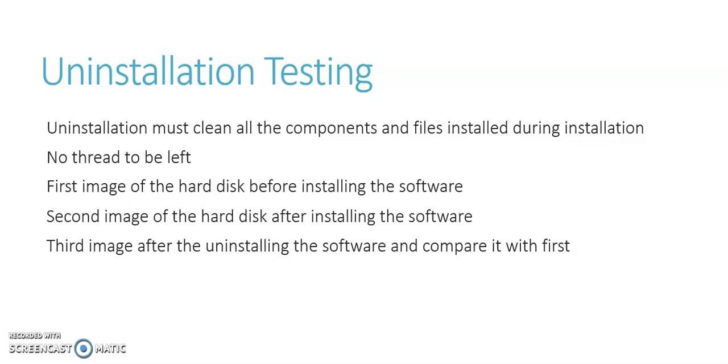In the third step, the software is uninstalled and the image of the hard disk is taken, which is compared with the first image. These two images should match. This will help us ensure that whatever data was installed in the second image got erased completely, making the system like the earlier one.